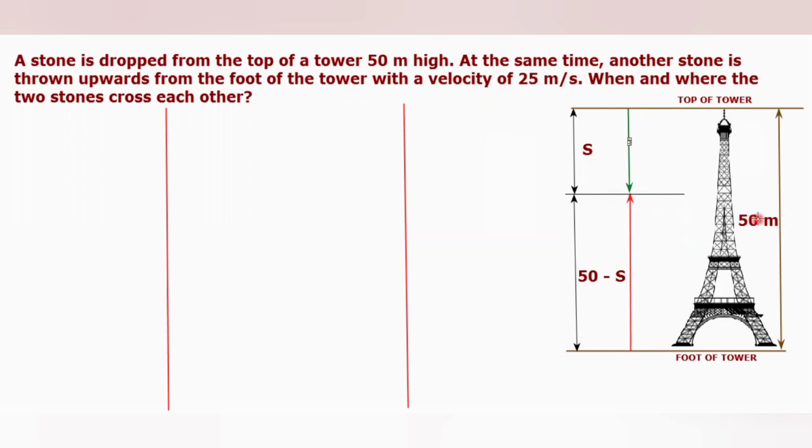Along this 50-meter distance, at any one of the points, say here, this is the crossing point. Both the stones cross each other. The first stone is dropped from the top of the tower, the second stone is thrown with some initial velocity, 25 meters per second.